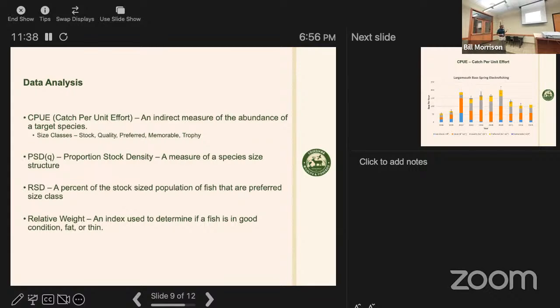Like if you had a 60 PSD, that would be saying that 60% of all your stock fish are quality and bigger. And RSD is even bigger than that: all of your stock fish that are preferred and bigger. So typically for the PSD you want about 40 to 60%.